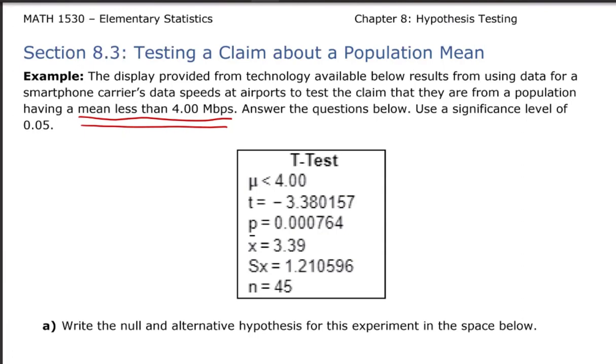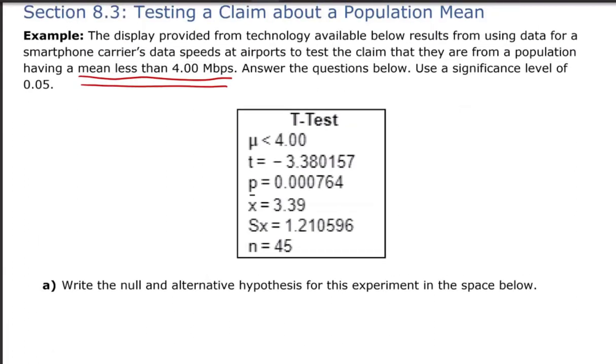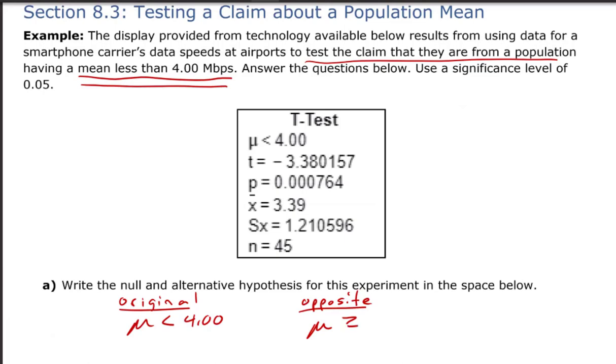So the null and alternative hypothesis, we're going to test the claim that the mean is less than 4 megabytes per second. So my original claim would be mean less than 4.00, which means the opposite would be mean greater than or equal to 4 megabytes.